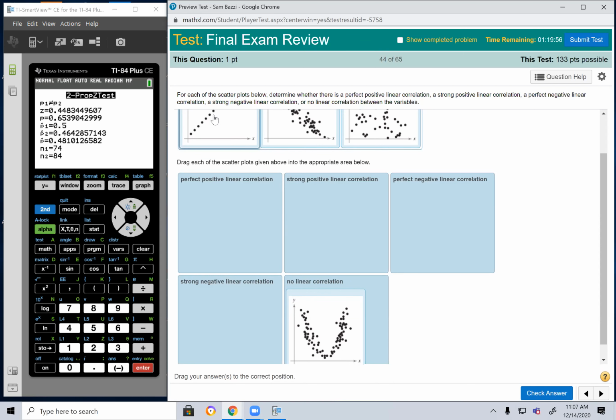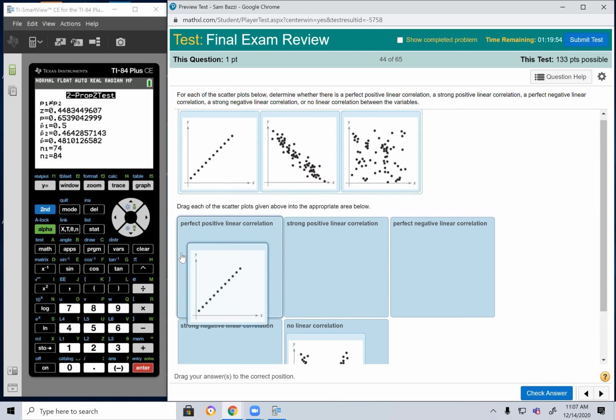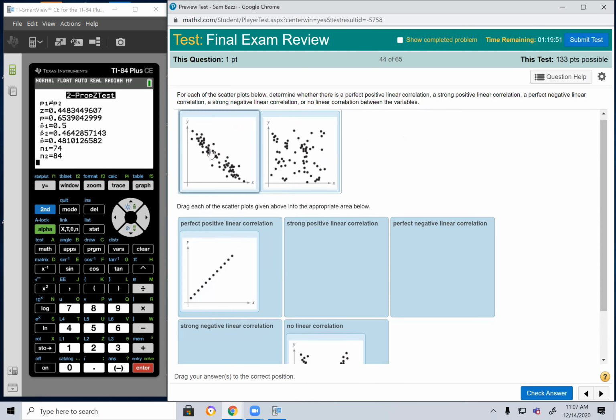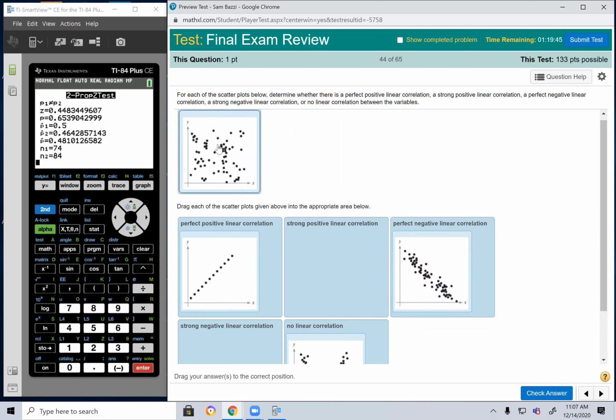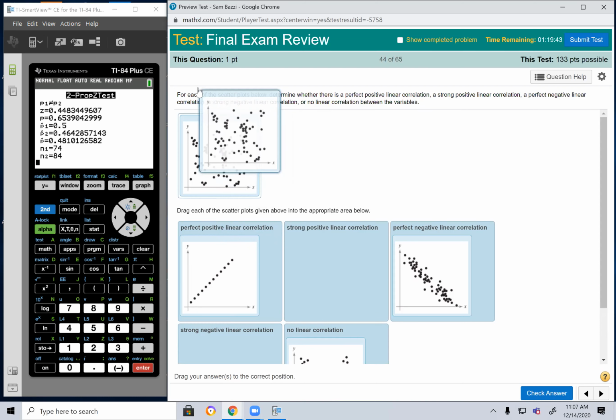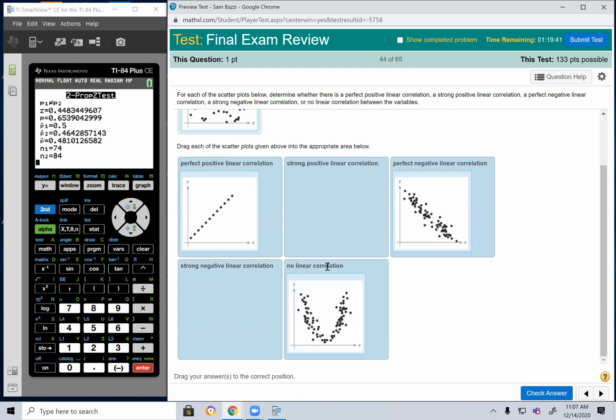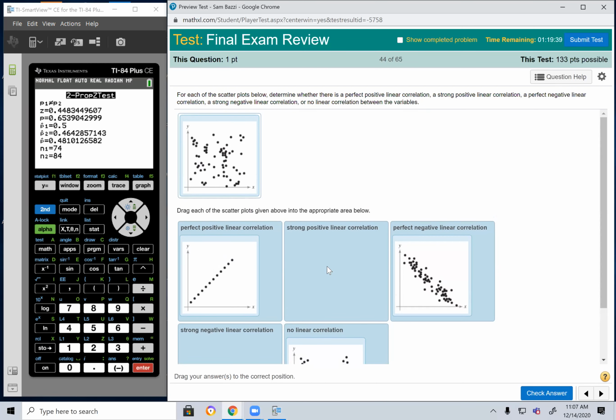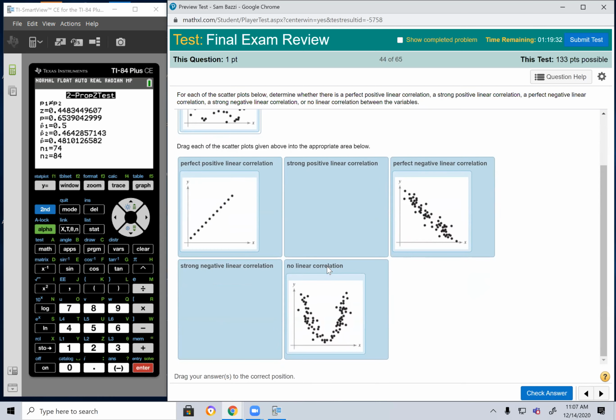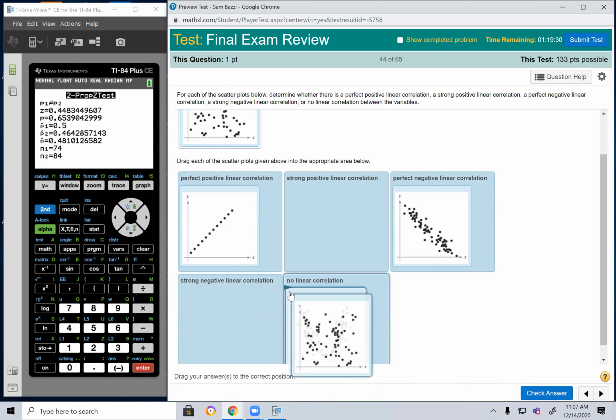If you can fit all the points on one line, it's a perfect positive. This one is a strong negative. And this one is a weak one. Is there a weak option? Strong positive. So this is going to go right here.